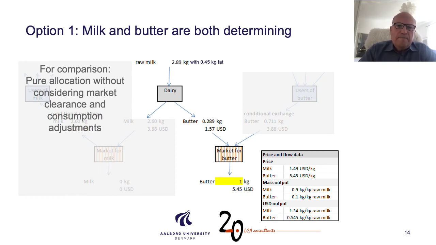So obviously, since in the raw milk we only have 450 grams of fat, it's like fat is coming out of thin air here. And this is one of the criticisms of partitioning, that it doesn't reflect reality. So to reflect reality, you would have to take the full consumption adjustments and market clearance into account.